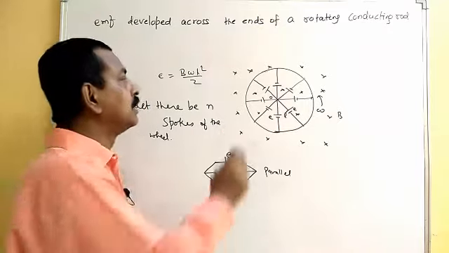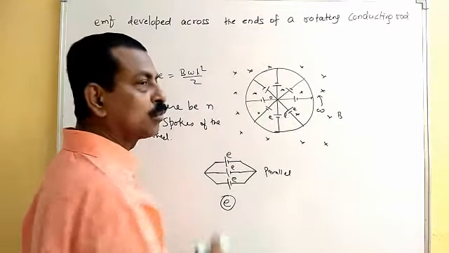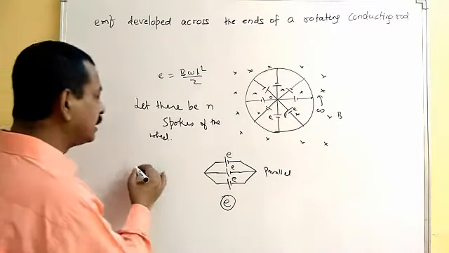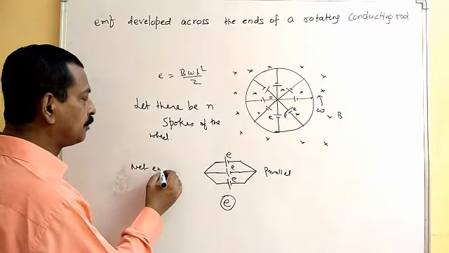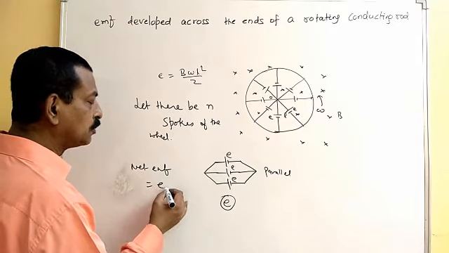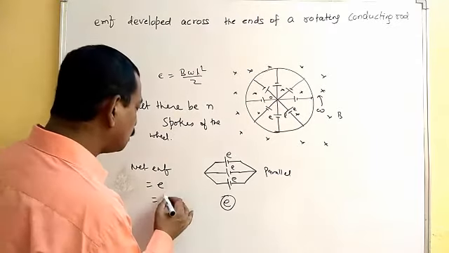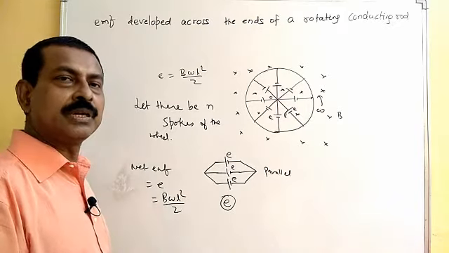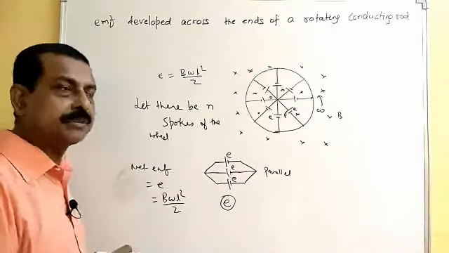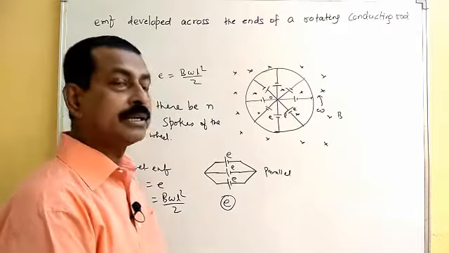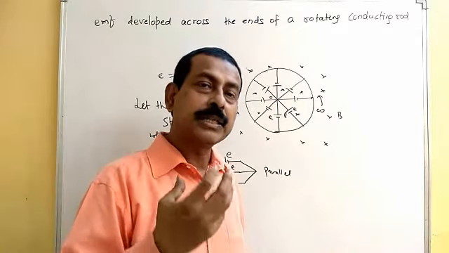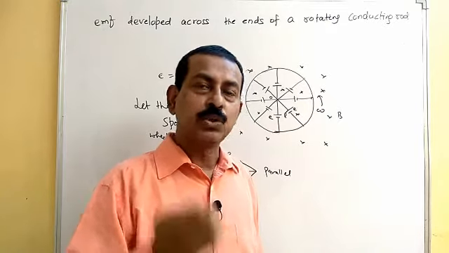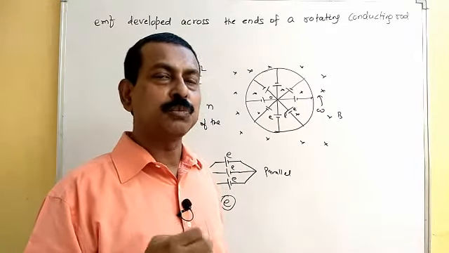That simply means that when there are n spokes, the net EMF will be equal to E, which is B omega L square by 2. So this is the net EMF. Here you can see that it is not depending upon the number of spokes.